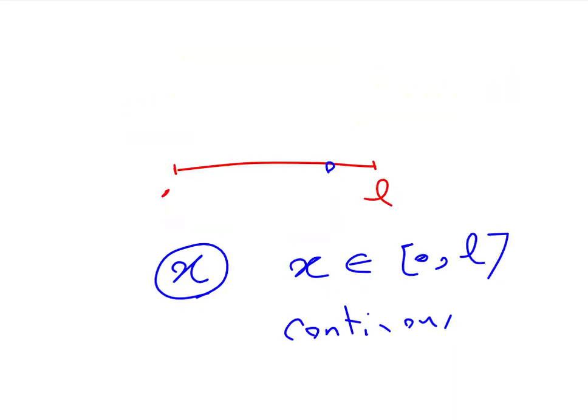Here we have a continuous random variable that takes values in this interval. If we write the probability that random variable X is equal to a specific value, for example x0, suppose that x0 is here.